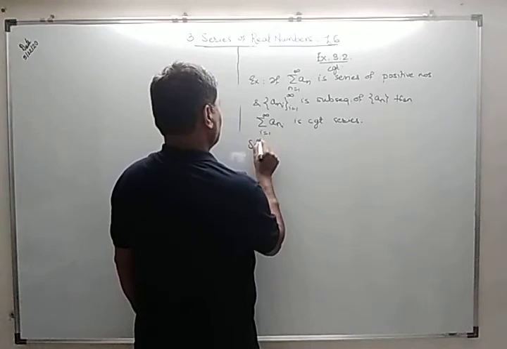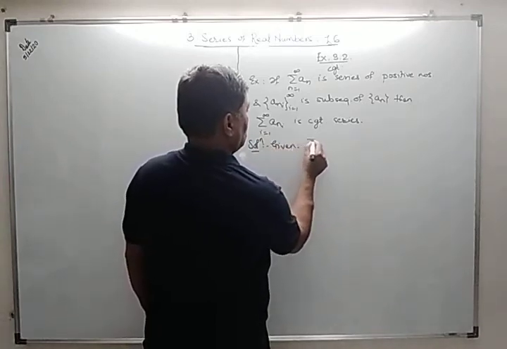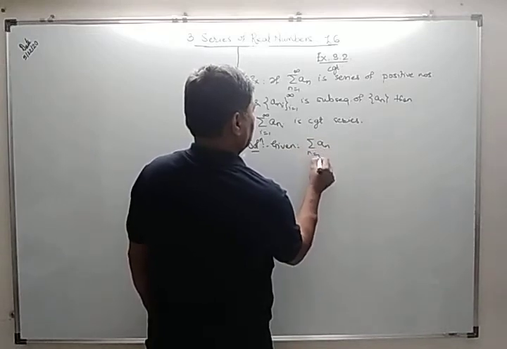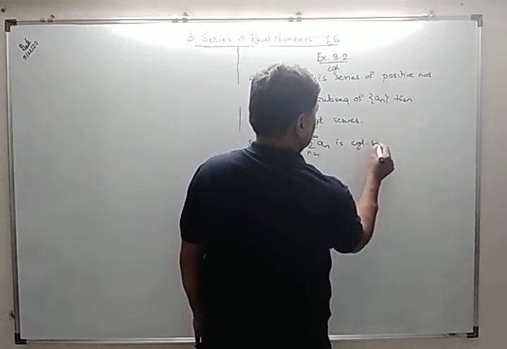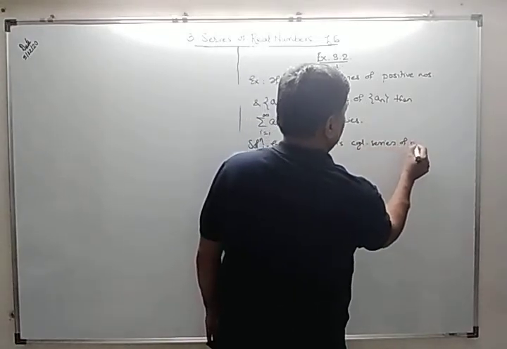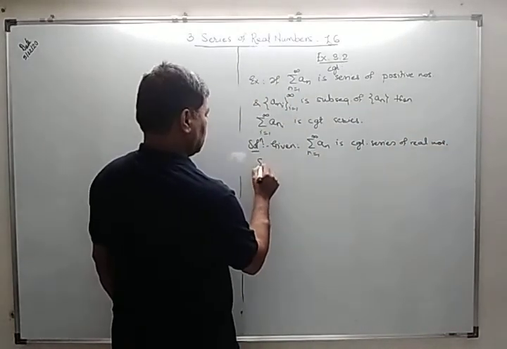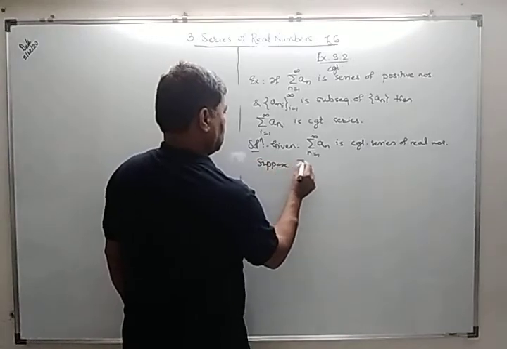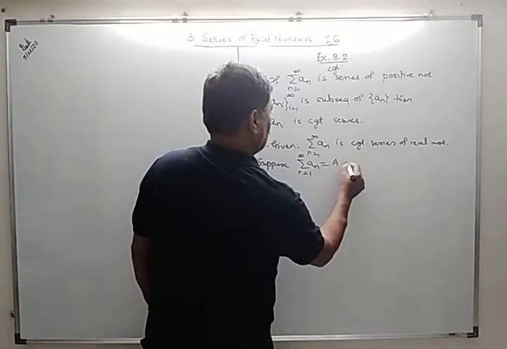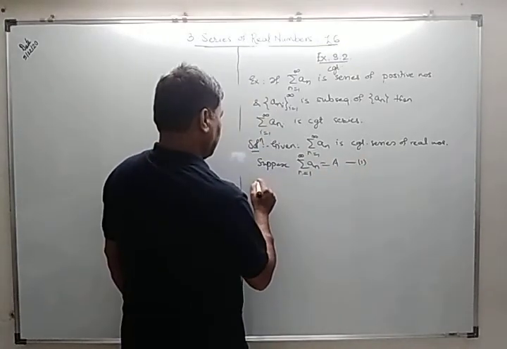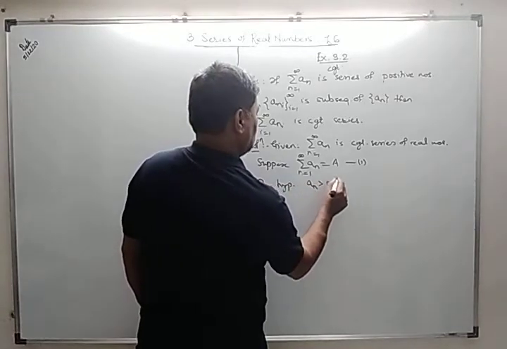Solution: given summation of a_n, n equal to 1 to infinity, is a convergent series of real numbers. So suppose summation of a_n, n equal to 1 to infinity, equals A. By hypothesis, a_n's are greater than 0 for all n.